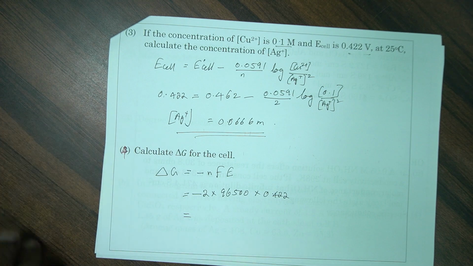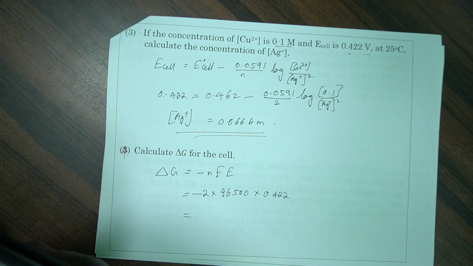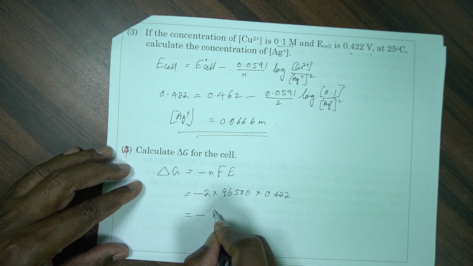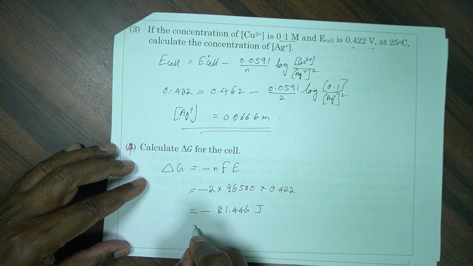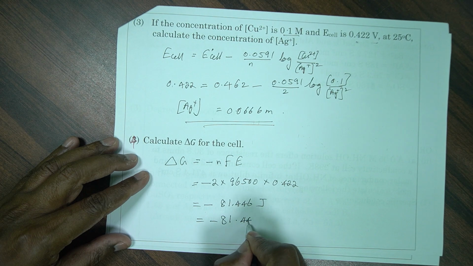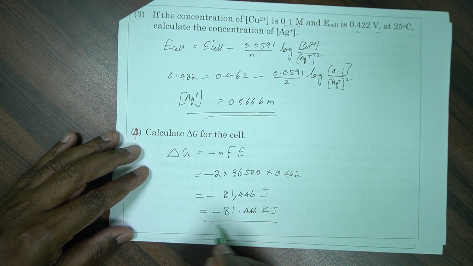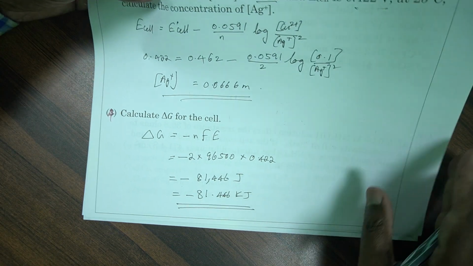So you can use the calculator again and take up the values. It is going to be minus 81 joules, that is equal to minus 81.446 kilojoules. Okay, so that is calculated.